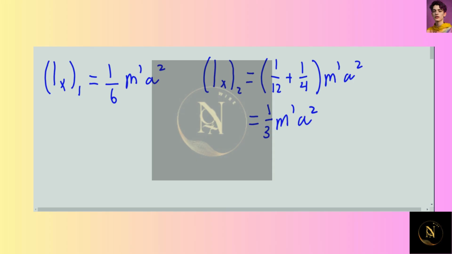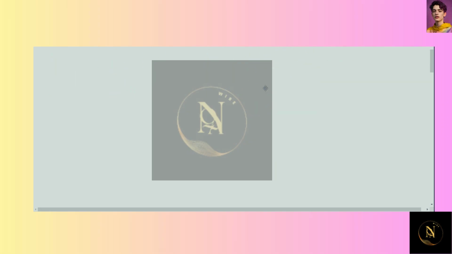So now to get the total moment of inertia about the x-axis, we can take the summation of both of these moments, depending on which sides are perpendicular to which axis. To write that out, we have I of x.